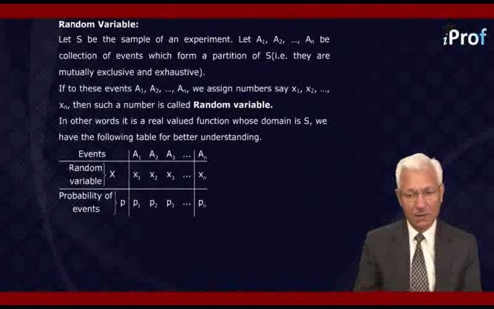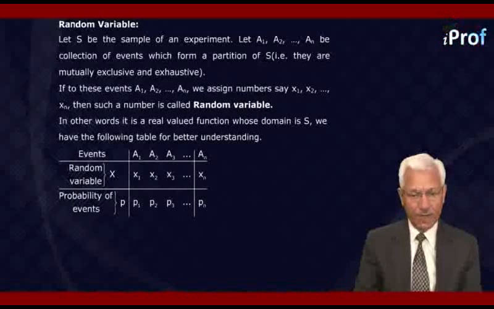And Pn is the probability of An. Mind it, A1, A2, A3, ..., An are mutually exclusive and exhaustive. Consequently, the sum of the probabilities will be 1. That is, P1 + P2 + P3 + ... + Pn = 1. That we discuss later as well.